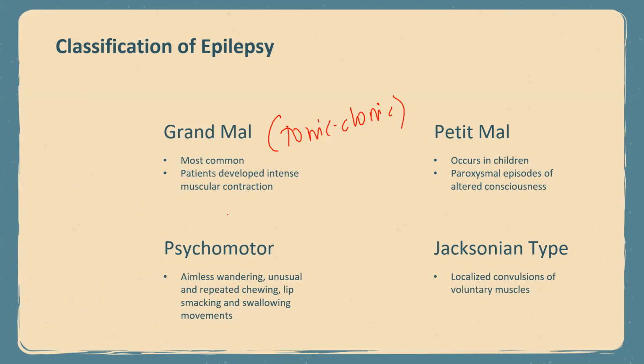We also have the petit mal, which occurs in children and is characterized by paroxysmal episodes of altered consciousness. We also have psychomotor, which is an aimless wandering, usually repeated chewing, lip smacking, and swallowing movements. And we also have your Jacksonian type, which is a localized convulsions of the voluntary muscles.